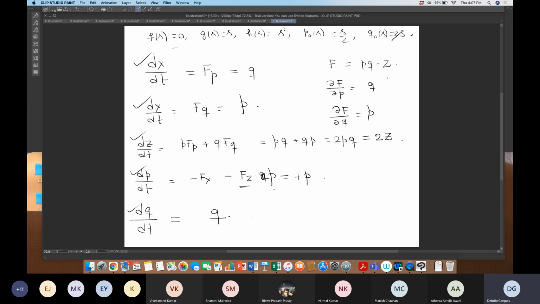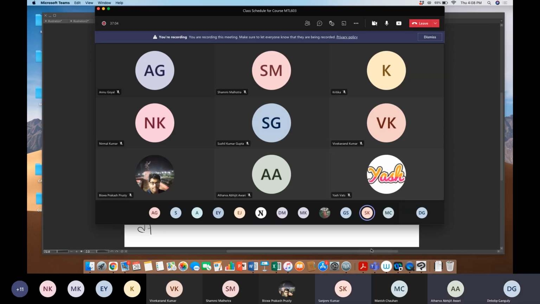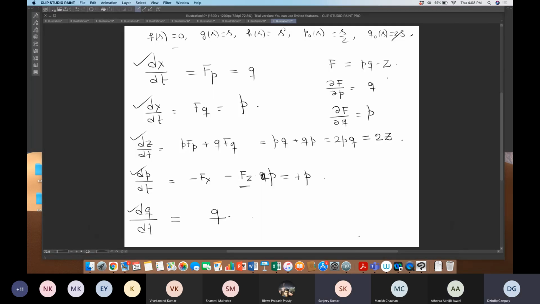It's plus, right? Am I making any mistake? Okay. So dp by dt equal to p, dq by dt equal to q.